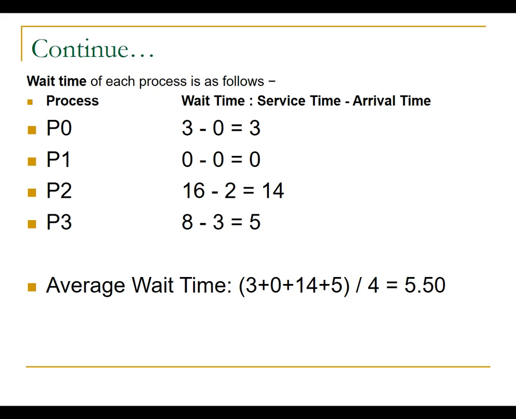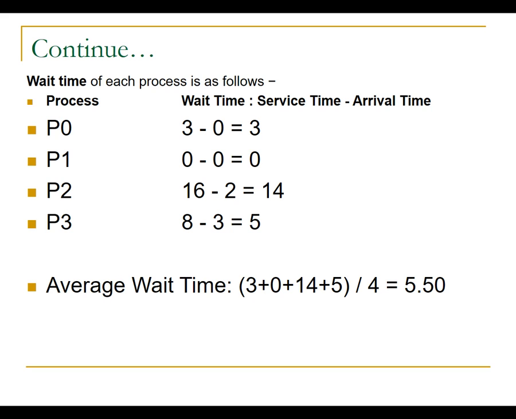So the CPU decides this P1 process requires very little time to get executed in the entire system environment. So the central processing unit will give priority to the shortest job, that is P1, and executes it in the system. Then it goes for P0 as its waiting time is 3.